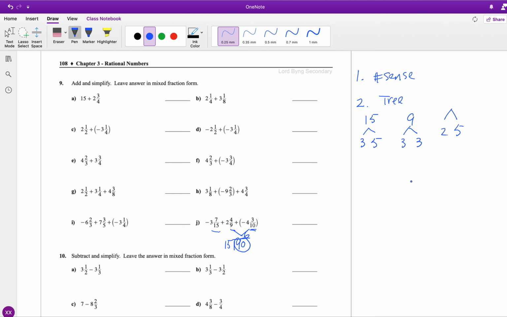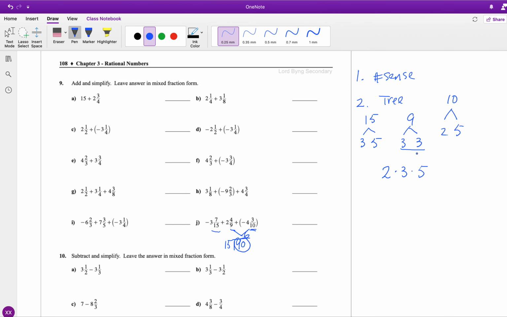So how many different numbers are here? There's a 2, a 3, and a 5. They need to be all picked. Not only do they all have to be picked, they also have to be picked by the highest degree.